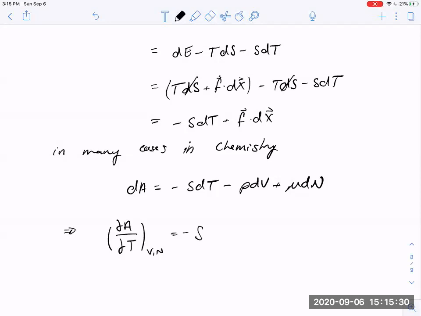If I fix V, this term goes away. If I fix N, this term goes away. If I divide through by dT, and thus I'm asking how the Helmholtz free energy changes with temperature, that's nothing but minus the entropy. Analogously, changes in the Helmholtz free energy from changes in the volume at fixed temperature and number of particles is what I mean by minus the pressure, and so on.